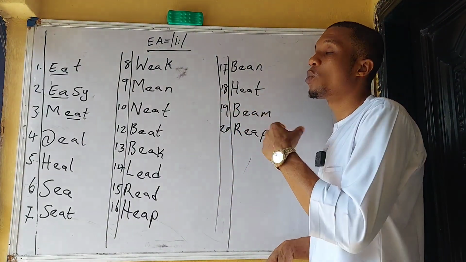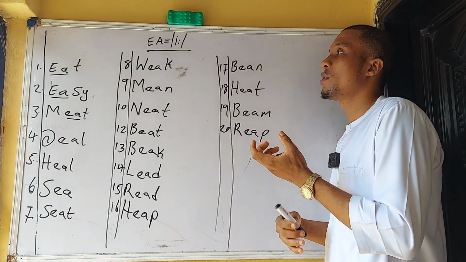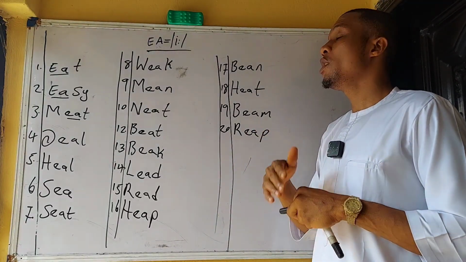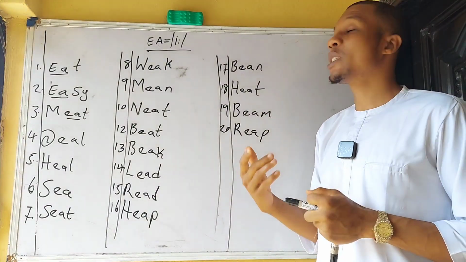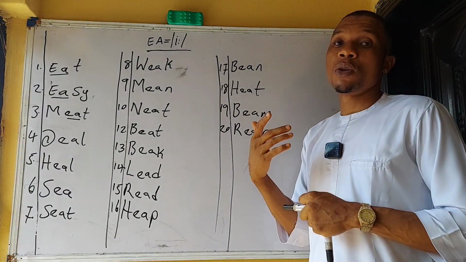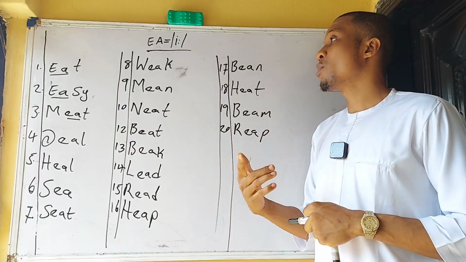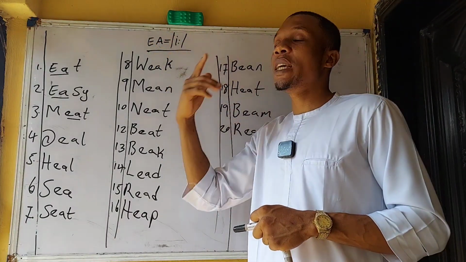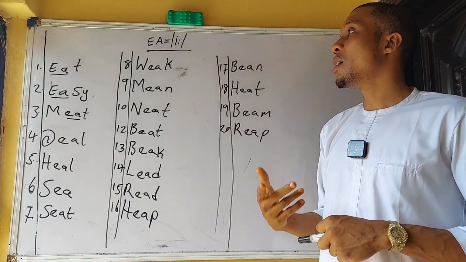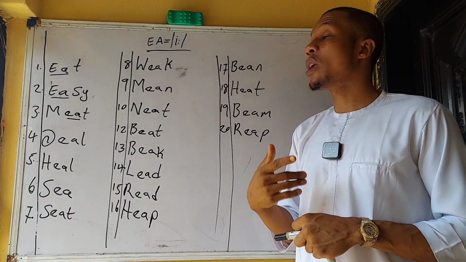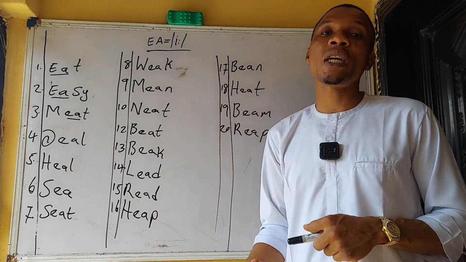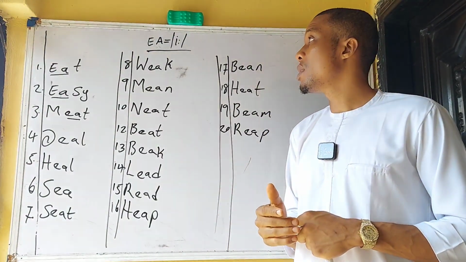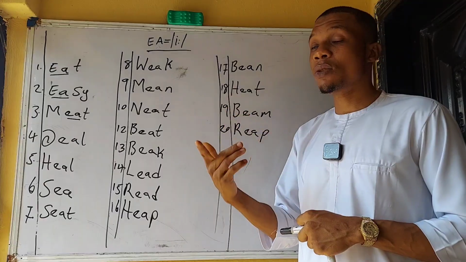Memorizing the word is giving yourself a kind of workload, that if you see that word in another spelling, you may find it difficult to say what it is. But if you already know that this E-A has 3 sounds, what you need to do when you see it is to subject it to the 3 sounds and know the sound that is suitable for it. Is that understood?